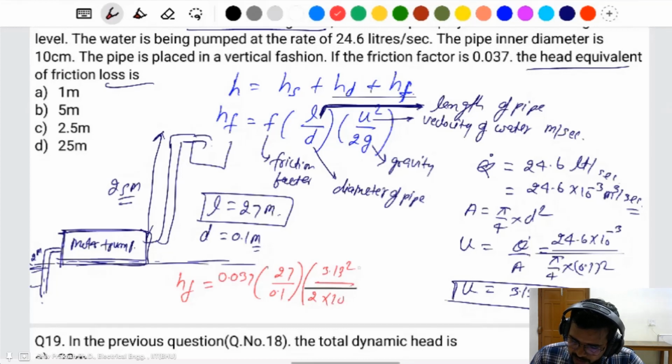This will be 4.9 meter, or approximately 5 meter.